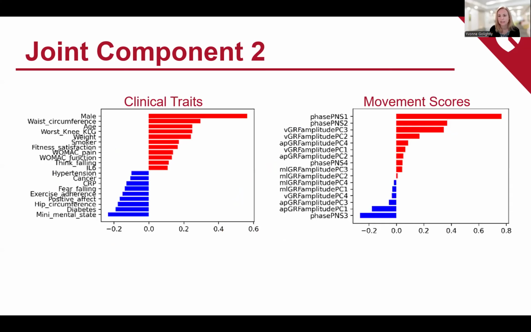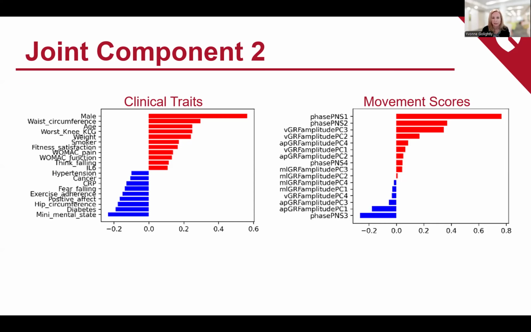Now moving on to joint component 2, looking at the clinical traits data block first. In red, male sex has the largest magnitude positive loading, followed by greater waist circumference, older age, severity of radiographic knee OA, and greater body weight.